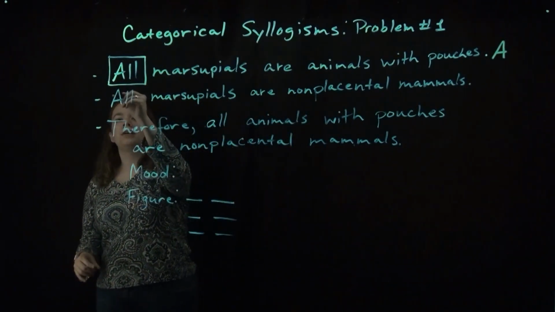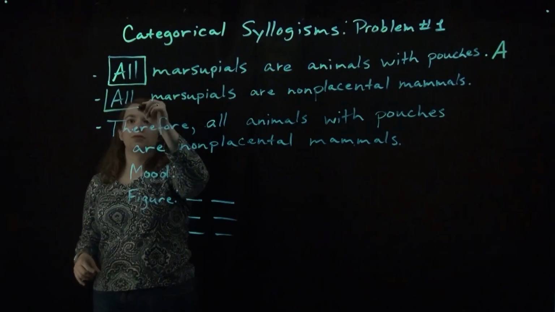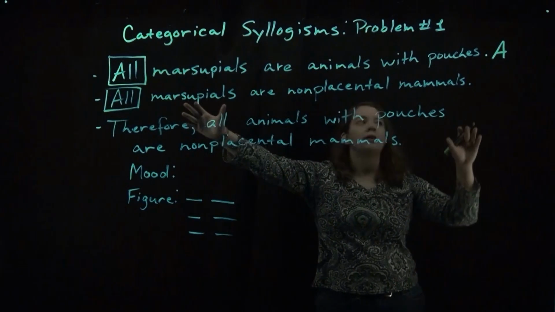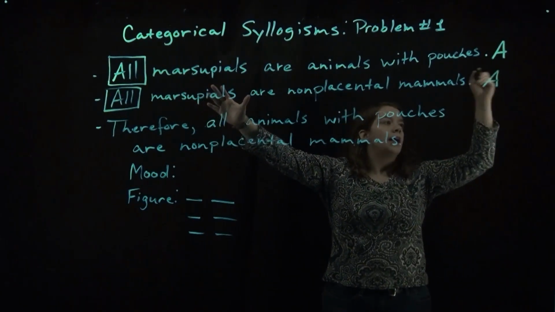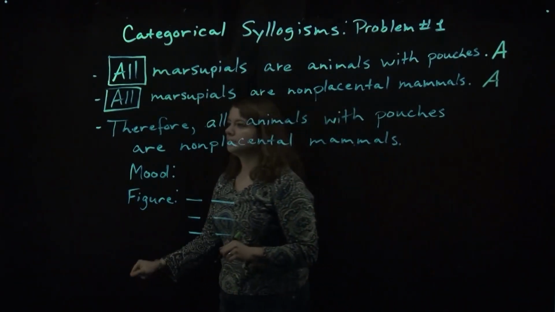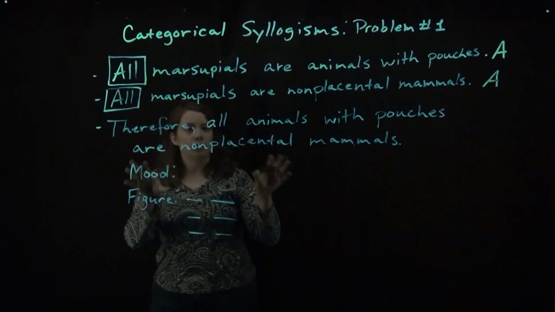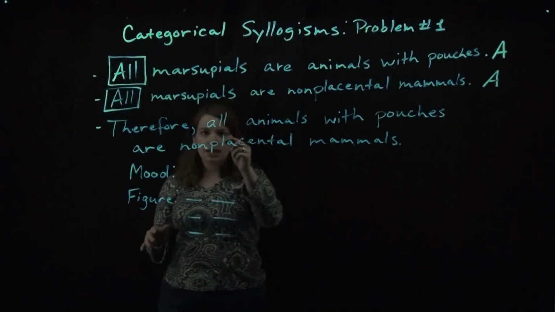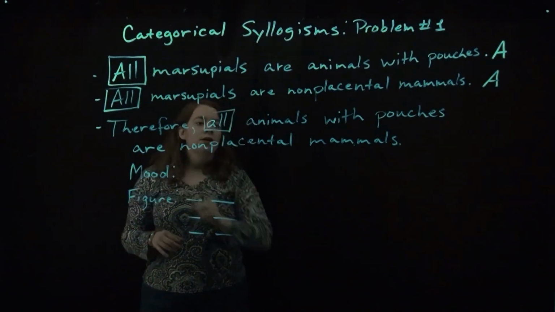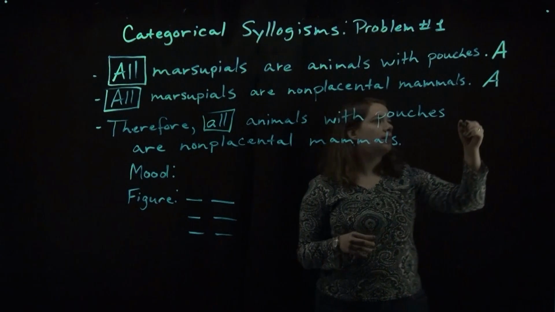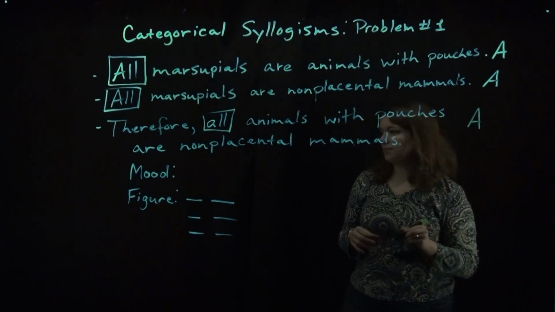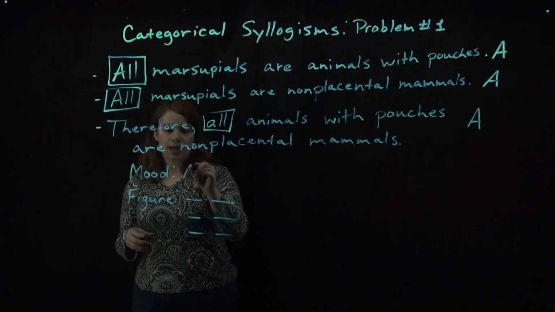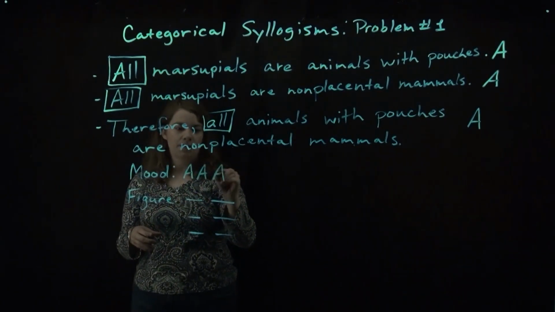Likewise, on the second proposition, all marsupials are non-placental mammals, once again we have the all here, so we know that this is an A proposition. Looking at the conclusion, therefore all animals with pouches are non-placental mammals, again we have this all here, so this is once again an A proposition. So the mood of this syllogism will be characterized as AAA.